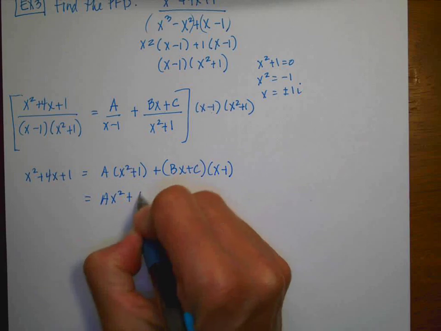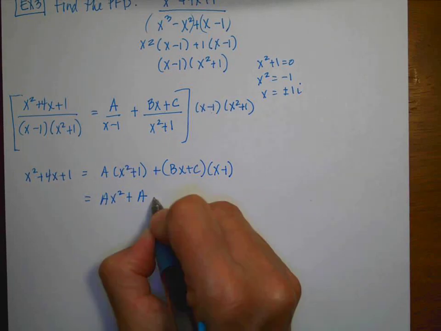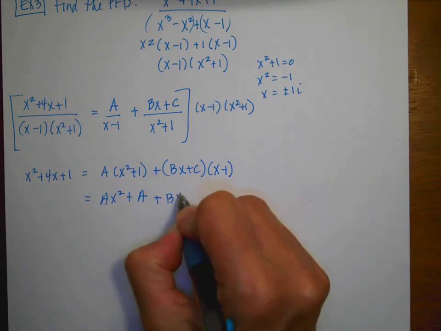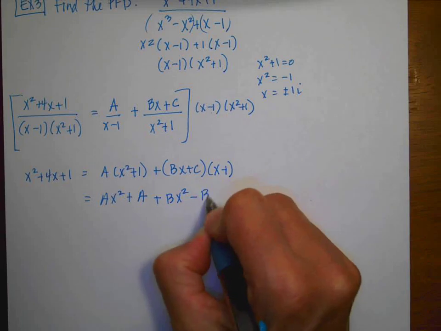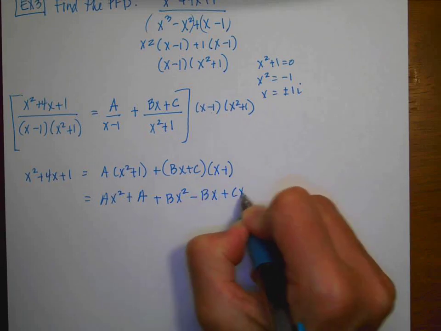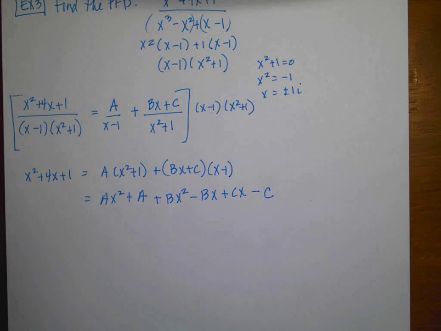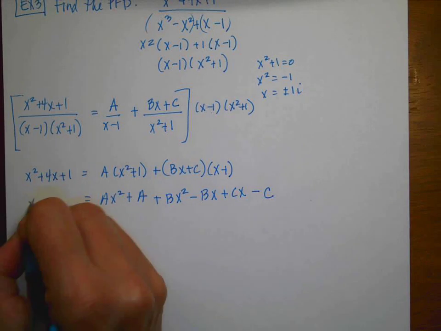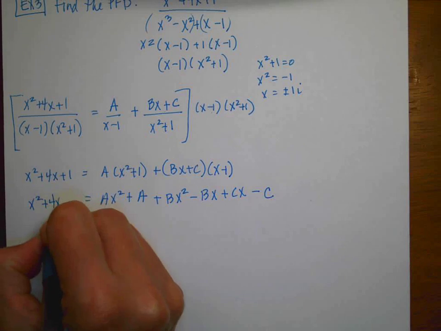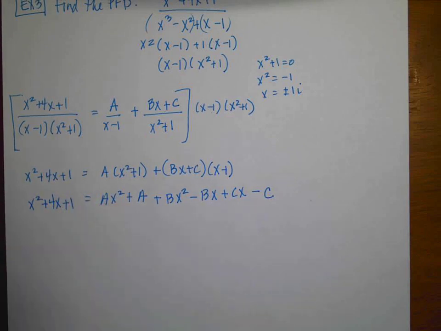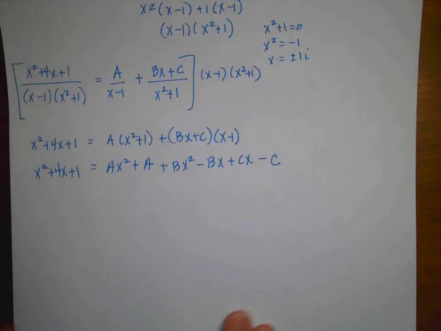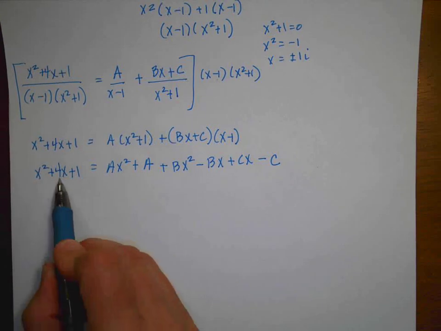So now I just need to do some math, and I'm going to get ax squared plus a, and then this is going to be plus bx squared minus bx plus cx minus c. And you always just want to be really careful when you do your math that you don't make silly sign mistakes, because a silly sign mistake is kind of the kiss of death.